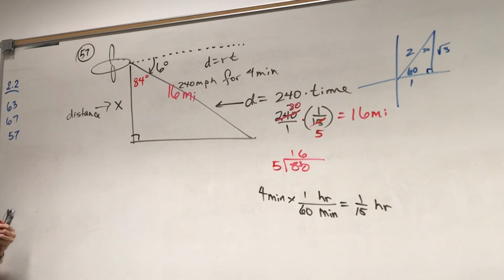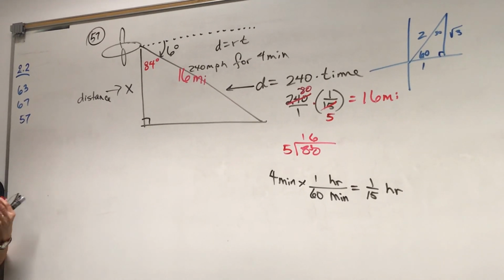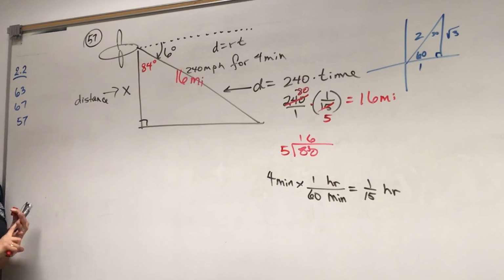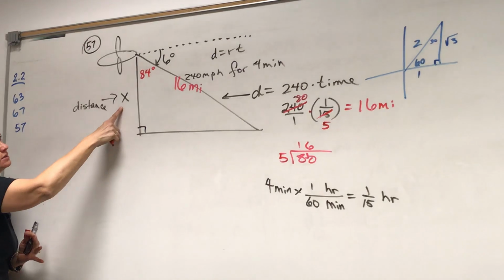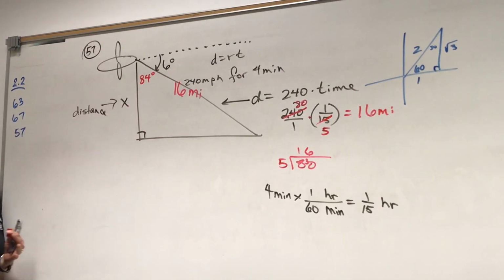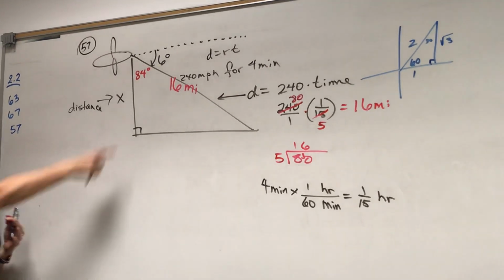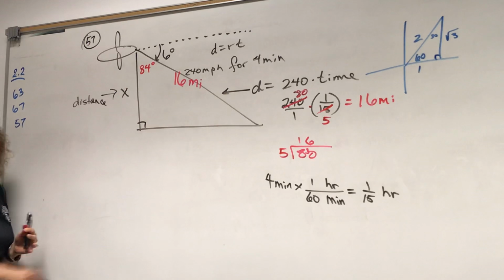And now you're going to think to yourself, which of the main 3 trig functions, sine, cosine, tangent, can we use for 84? This is the adjacent, and that's the hypotenuse. Okay, opposite would be over here. So if you wanted to use sine, you could actually use that one.